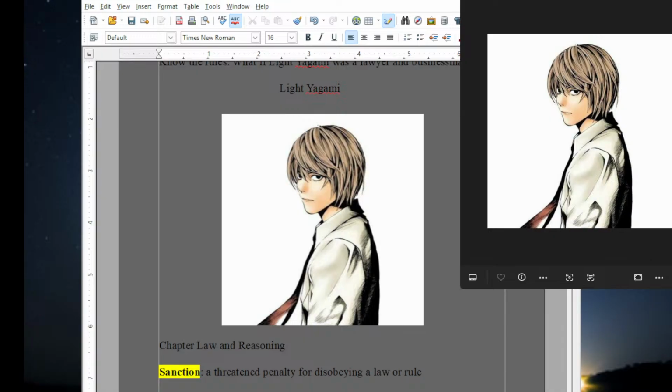Business persons are also pressured to make ethical decisions.